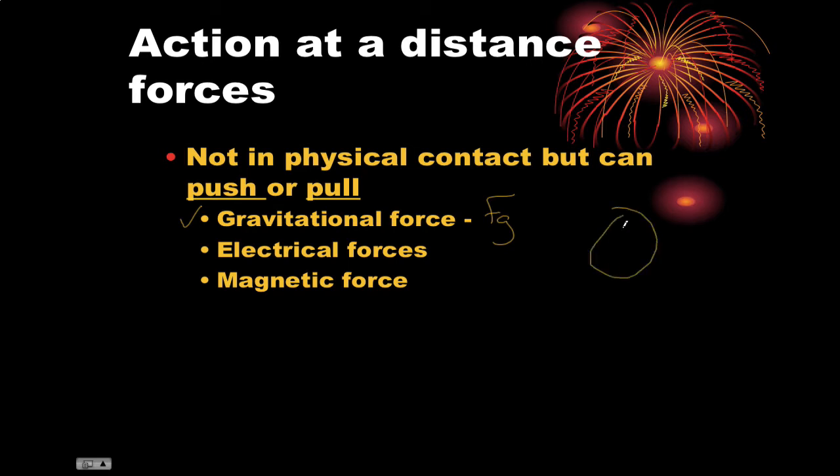We've got the sun here, a big, huge, gigantic object, and then you've got the Earth over here. They're not in contact with one another, but there is a force of gravity, a force of attraction, between those two objects, Fg, on both of them. And that force of gravity keeps the Earth doing its orbit around the sun. Not in contact, but the force of gravity is still there.